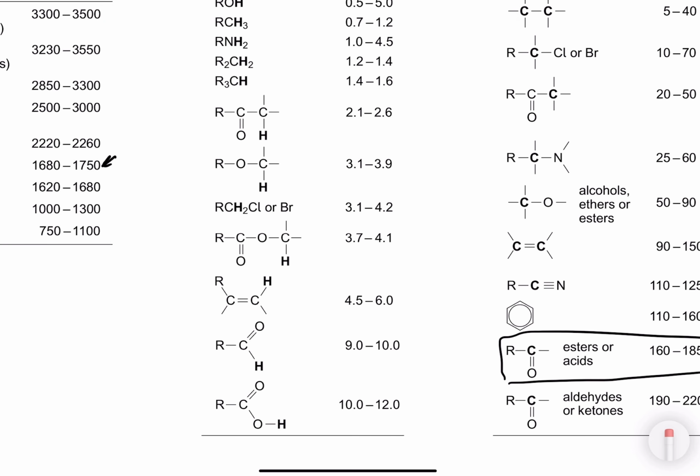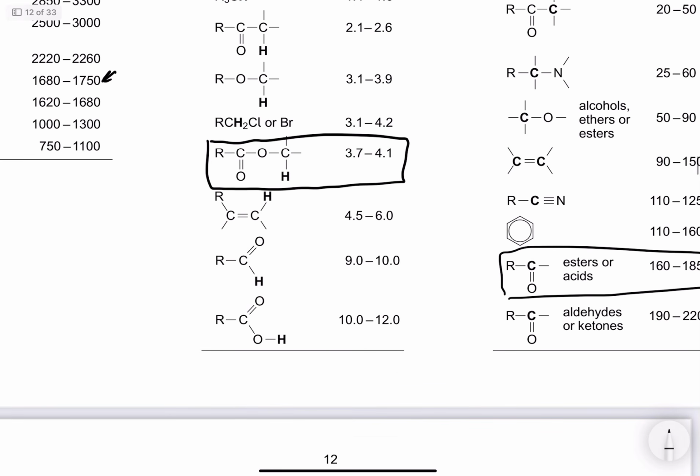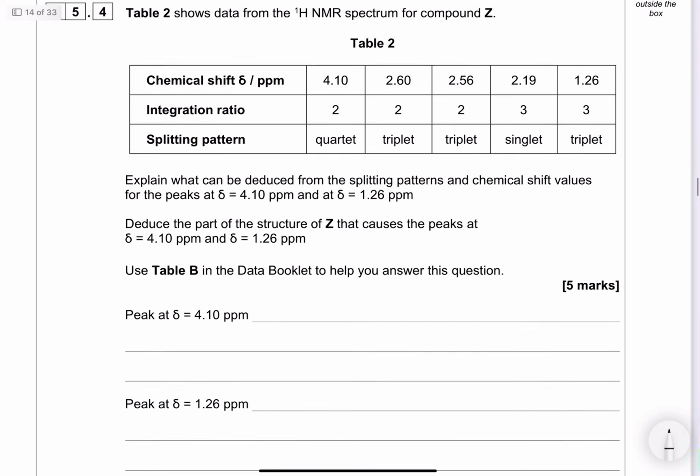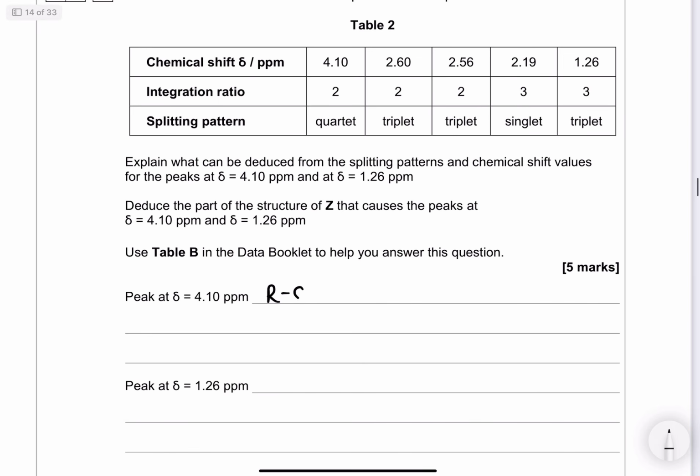So 4.1, we can see it's this type here. So I'm going to copy that down, RC double bond O, O, C with a H. So that is our type from the data sheet.